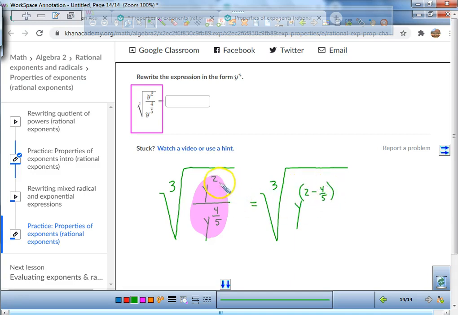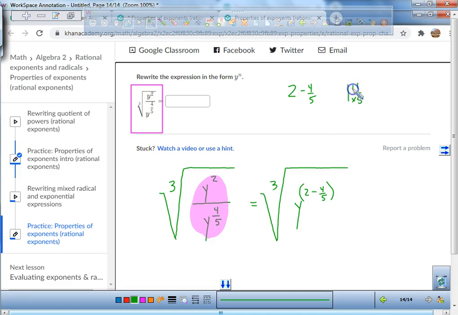So could you guys do 2 minus 4/5 in the calculator? Press math, enter, enter. Now, if we did 2 minus 4/5 by hand, that would give us 1. And if we took away 4/5, that gives us what? 1 and 1/5, correct?